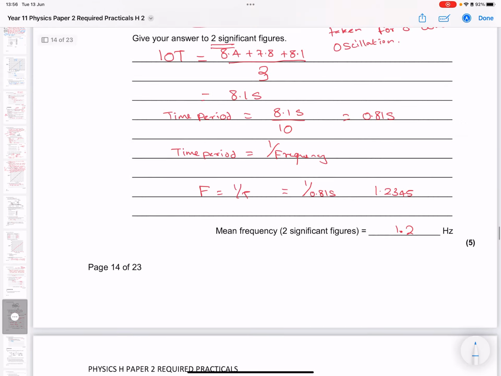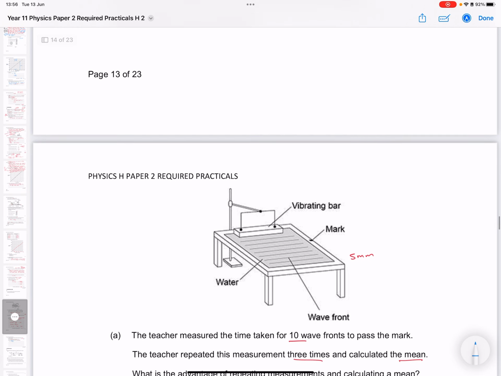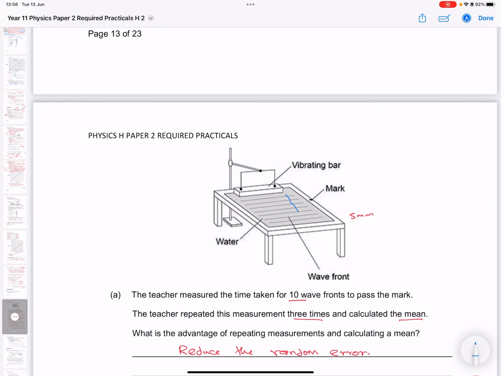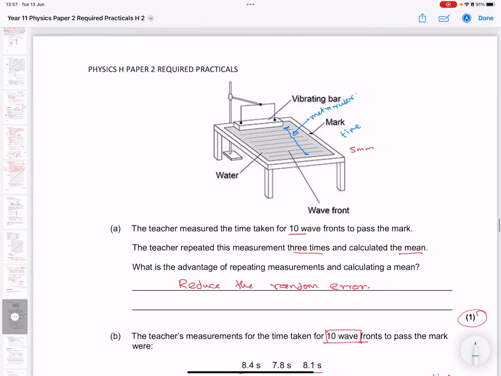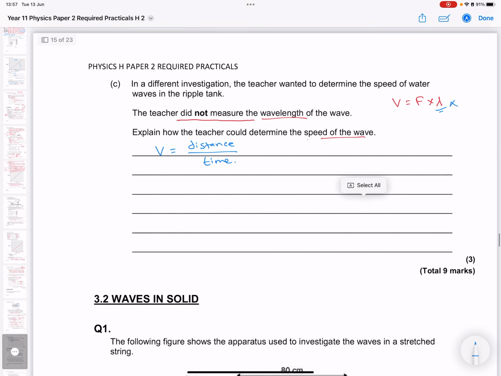For that, we can measure a set distance using a meter ruler. Let's say this one. When the wavefront comes here, we can start the timer. When it reaches here, we can stop the timer. So we can measure the distance using a meter ruler, and time how long it takes for the wave to travel from here to here. Hence, we can use that in this equation.